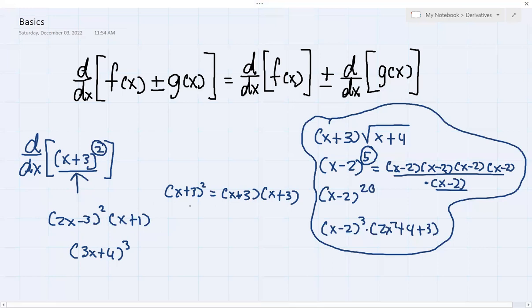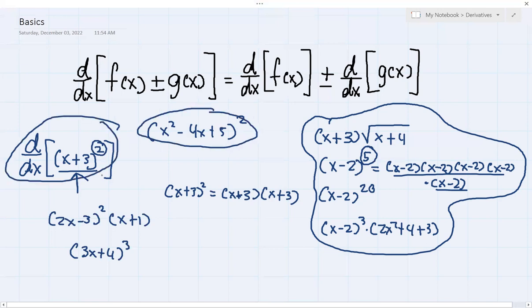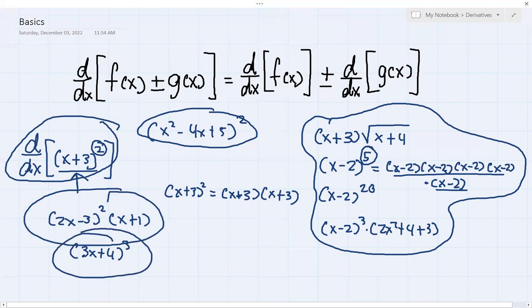Okay? Especially if you are going to expand a trinomial. Kunwari, x squared minus 4x plus 5. Ito, okay? Meron siyang exponent na 2. So can you expand the square of a given trinomial? The answer is yes. So this one, itong example na to, ito, at ito, kayang ko itong expand and kaya nyo rin.